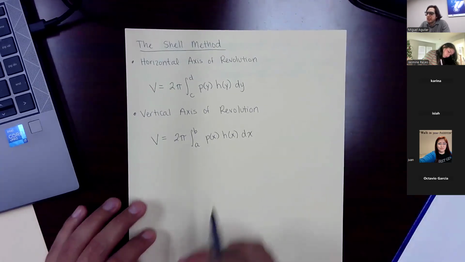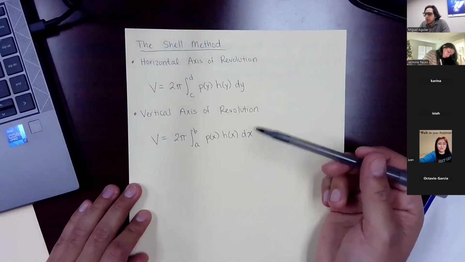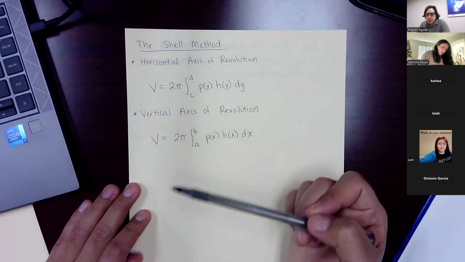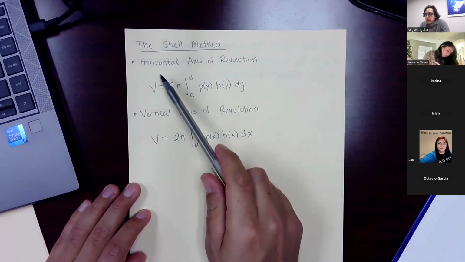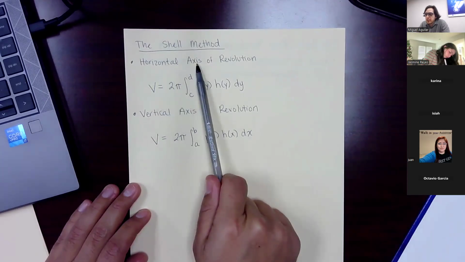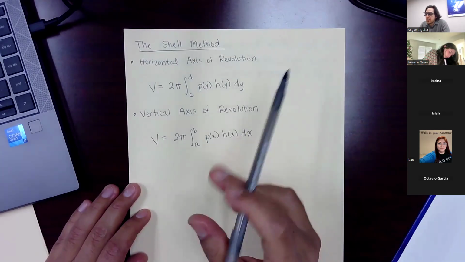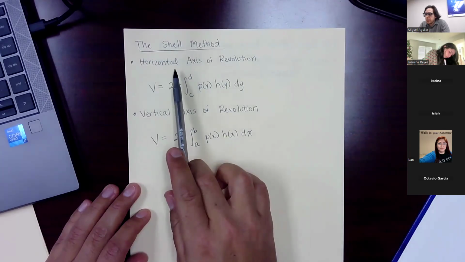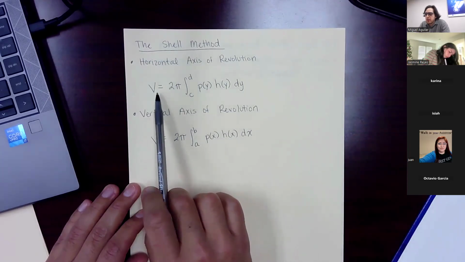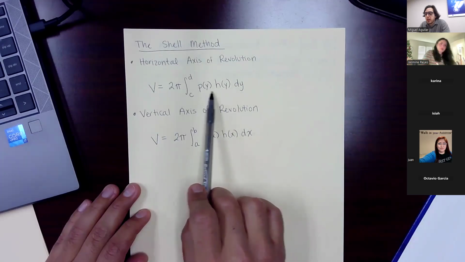So basically, rewriting that in terms of the integral that we're about to prepare, we have two options for integrating. Sometimes we're integrating and revolving that solid around a horizontal axis, in which case, if that axis is horizontal, then we want to use the shell method with respect to functions of y.